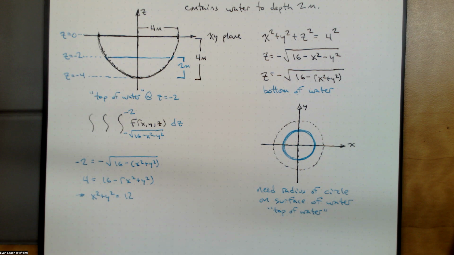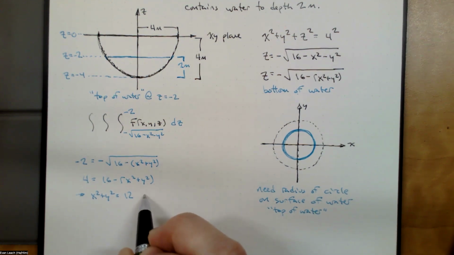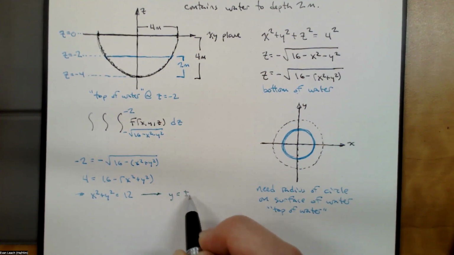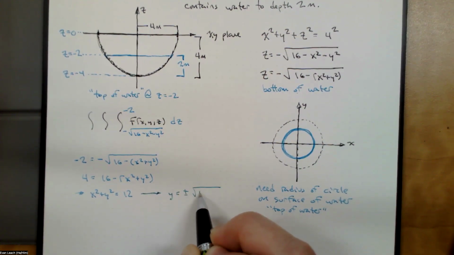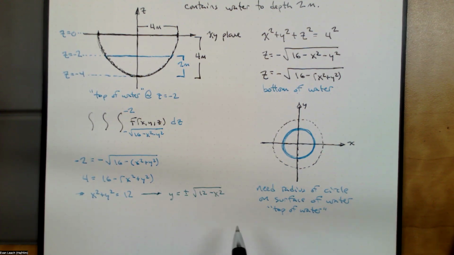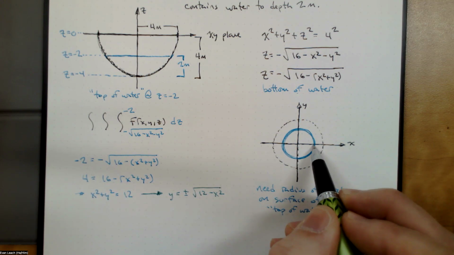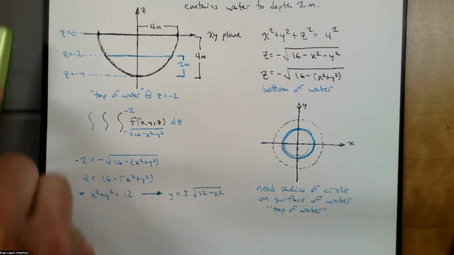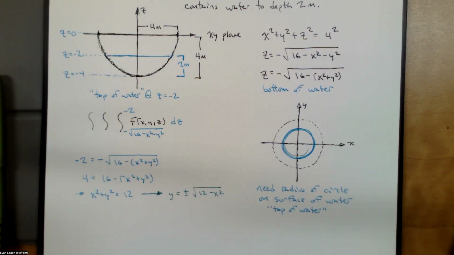The two paths that we can take is we can either solve this for what's y between by saying y is plus or minus the square root of 12 minus x squared. So y is the bottom circle up to the top circle for x between negative root 12 and root 12.